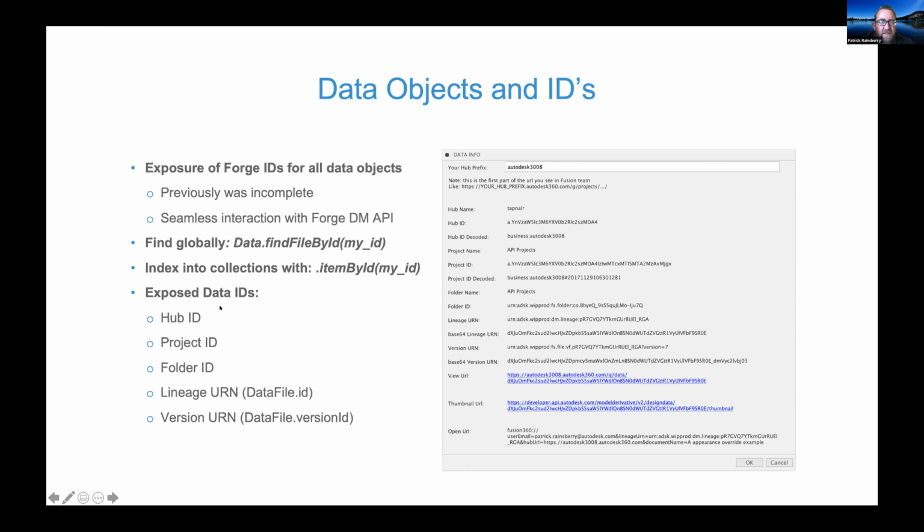And for any of these collections, if you have a projects collection, you can get project item by ID and then pass in a project ID. So in any of the fixed collections, you can also use this ID, but the global search is really the big one.